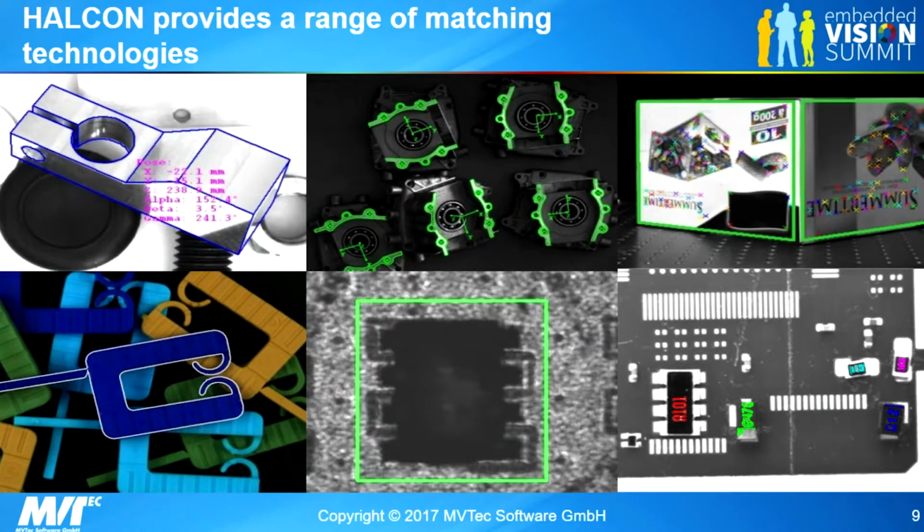We have extended these technologies to color images, because color plays a certain role in many applications. We have NCC matching, of course, and we have what we call component-based matching. So if the objects in an image have different positions relative to each other, we can still identify all the objects in one step. So you save some time while you do this.